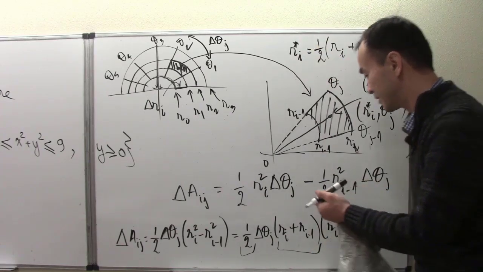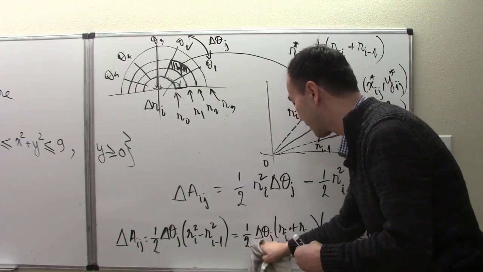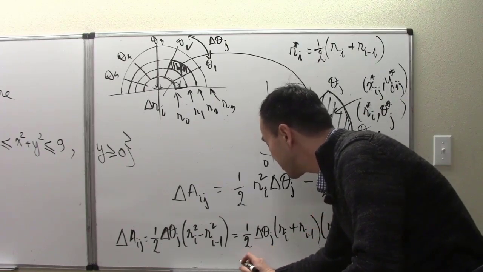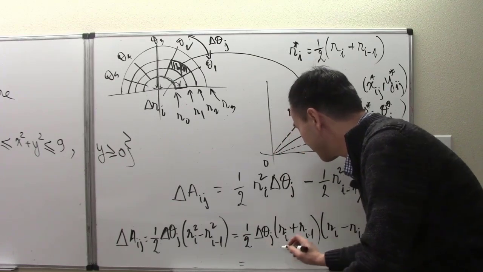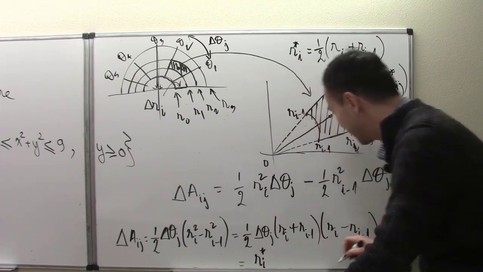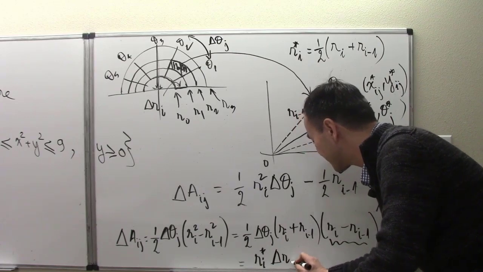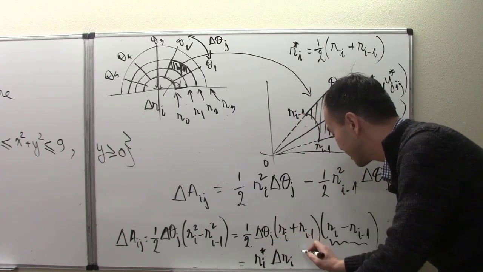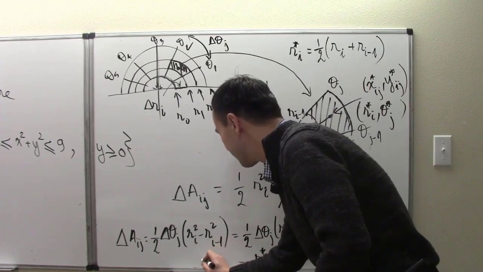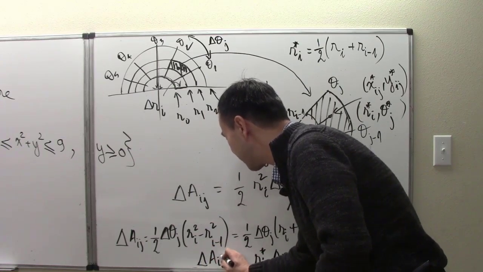And so the reduced version of this formula comes out being r i star multiplied with delta r i right here, and then this here is delta theta j. So this is now our simplified version of the delta A ij right here.